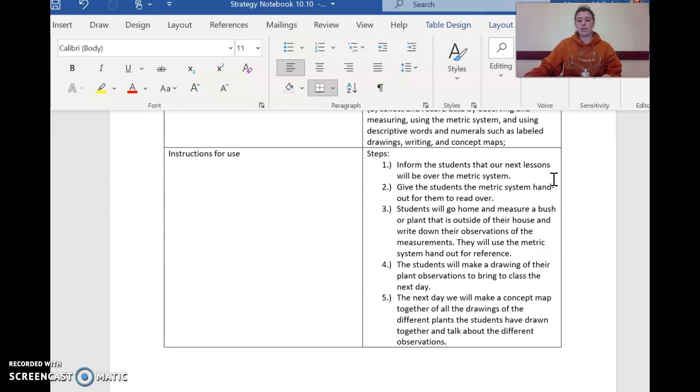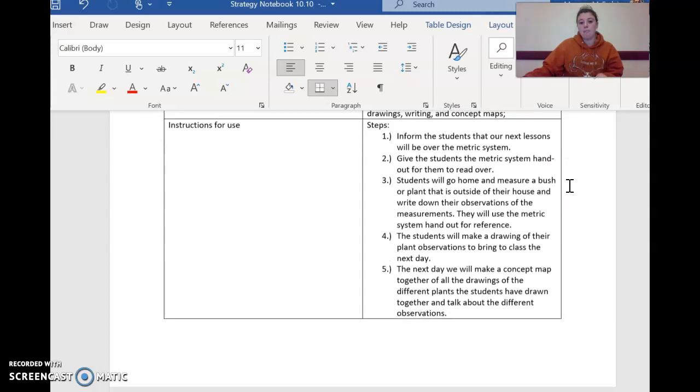And they are going to take notes and draw on what they observed, how tall it is, how wide it is, the length of it, and they're going to explain their observations in writing, along with draw a picture, a detailed picture of their plant that they measured.